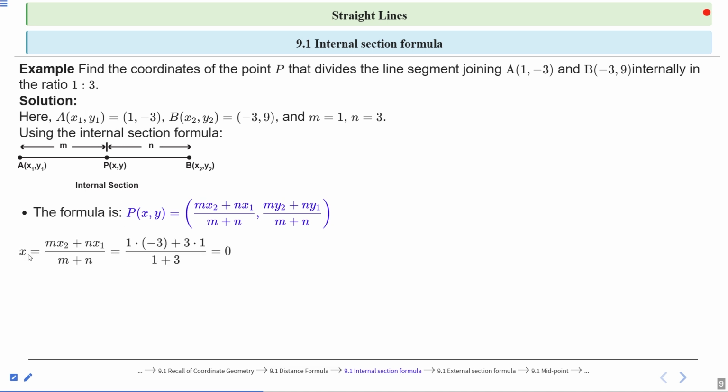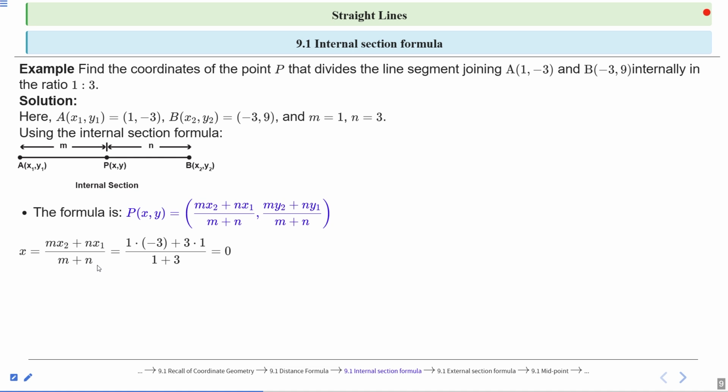So the x coordinate will be m times x2 plus n times x1 divided by m plus n.